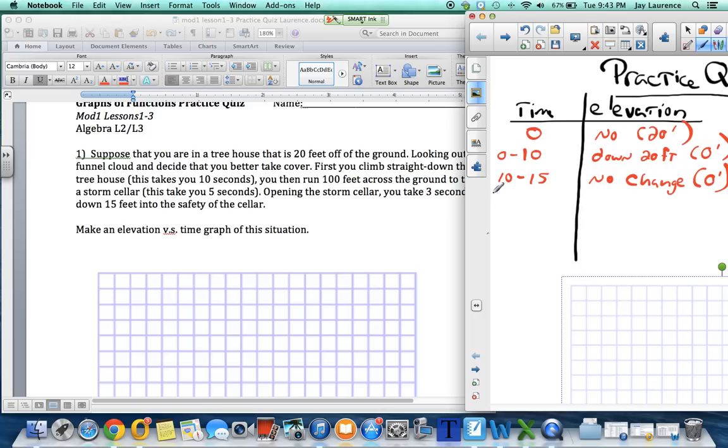Now I open the storm cellar, and it takes 3 seconds to go down 15 feet. So now technically we're at minus 15 feet.